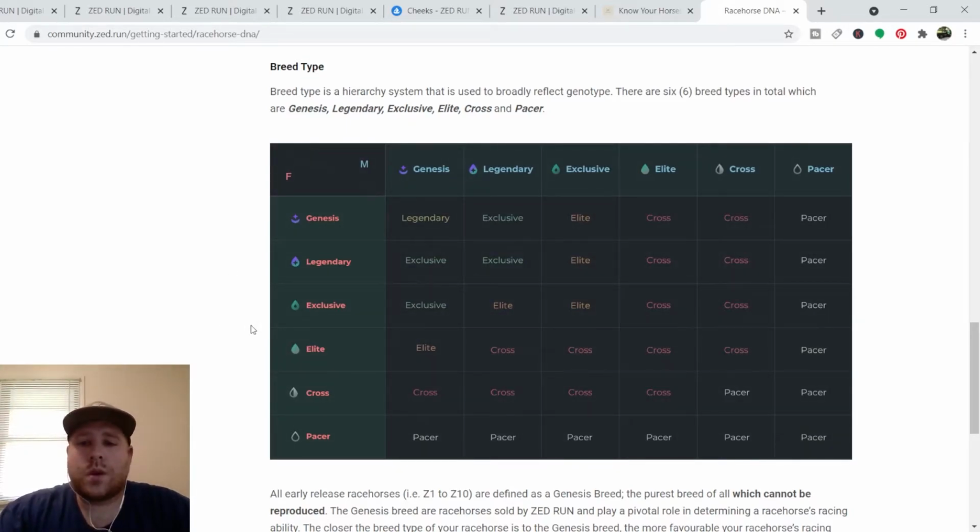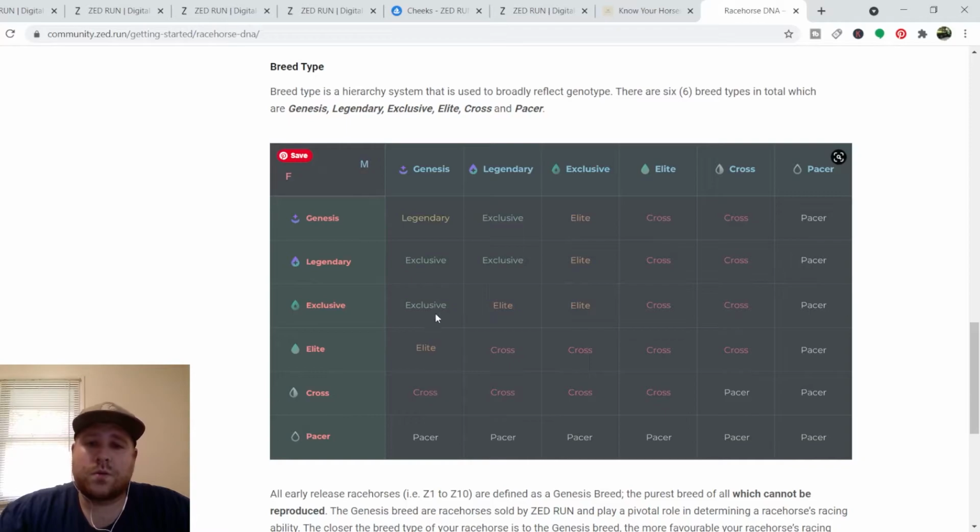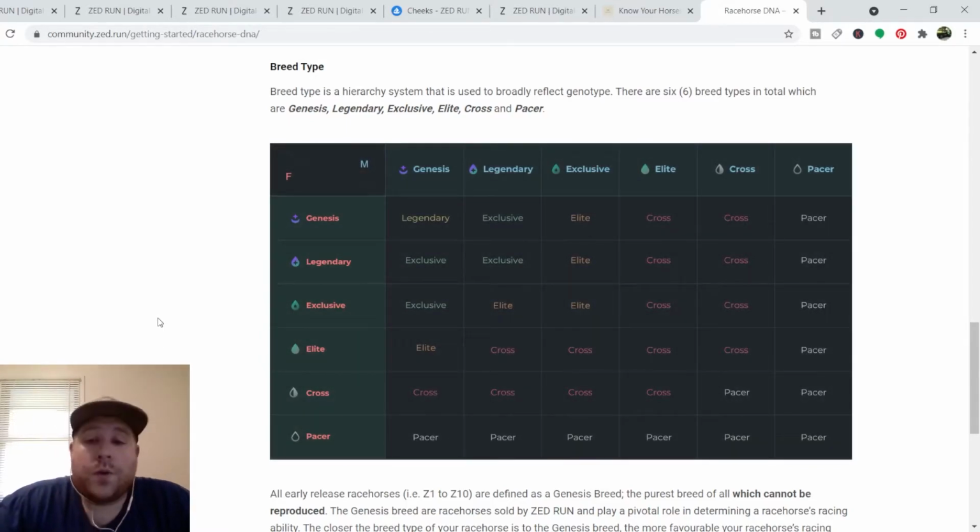So if you breed an exclusive female with a Genesis male, it produces an exclusive foal. Now, we don't know yet what any of this means. Traditionally, legendaries are more valued than exclusives. Exclusives are more valued than elites, cross, pacer, and so on.